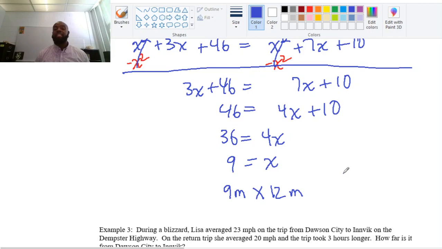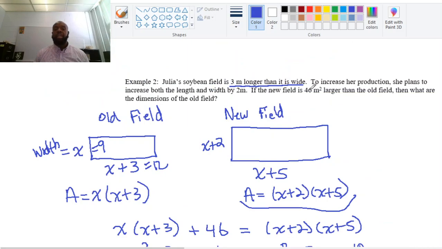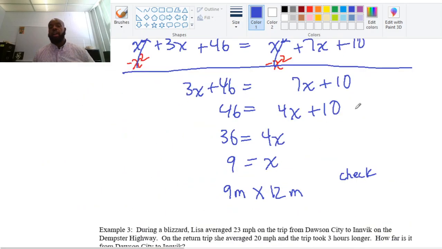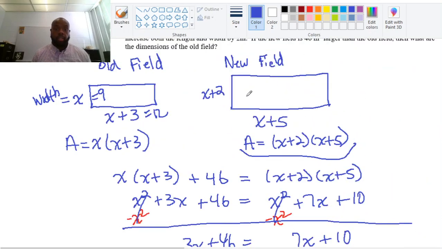Now, I'm going to check myself to make sure that this makes sense, right? I know that the area of my new field is 46 meters squared larger than my old field. Well, the area of my old field is 9 times 12, which is 108. The area of my new field, well, I added 2, right? So 9 plus 2 is 11.